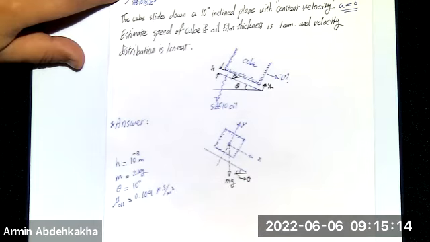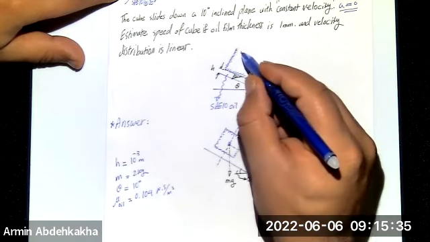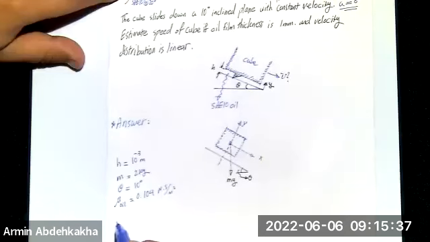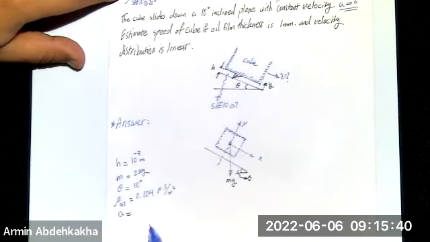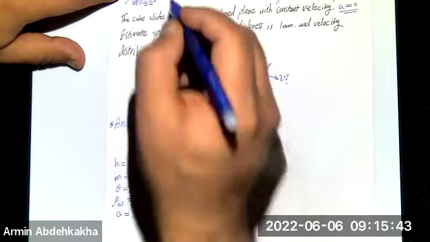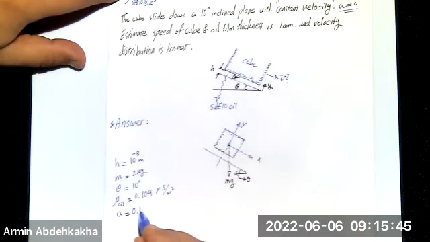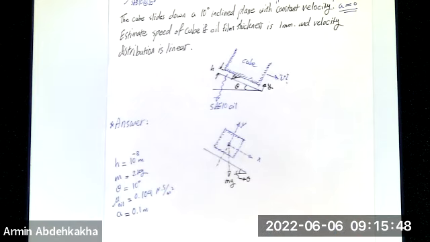What else is given? Oh, it has to give you the side of the cube, which is A. I forgot, it's here, 10 centimeter, so 0.1 meter. So these are the given. Okay.